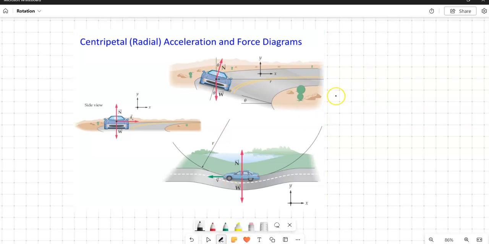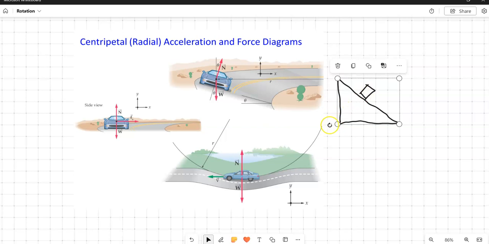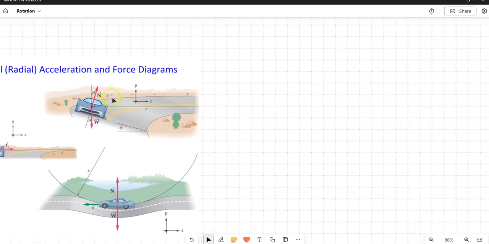Since it's on an incline road, basically your car is on an incline. This is one of those cases where it's a little bit more complicated, okay? Because you're going to have to take this as your origin. And let me actually rewrite this so I can show you how to do a problem where it's on an incline.